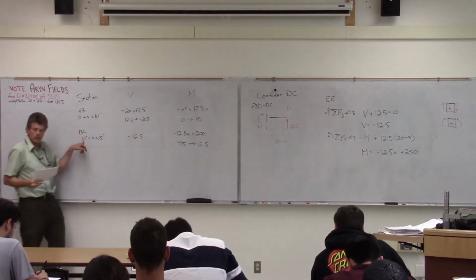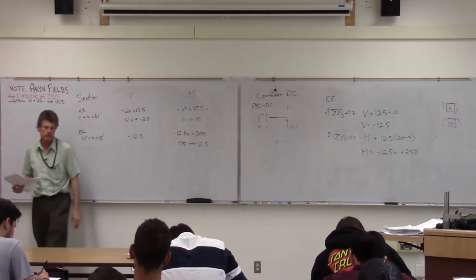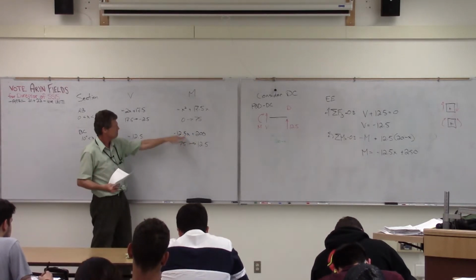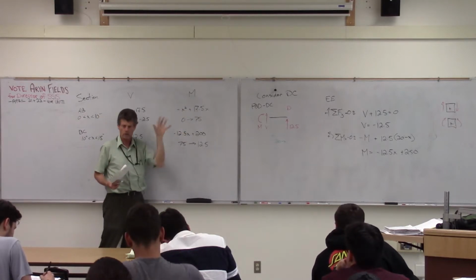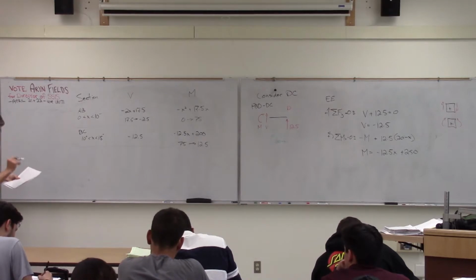Endpoints, yeah. So it's at 10 and then at 15. So it goes from 75 to 12.5. And when we look at it, let's look up here. That's a good point. It's going to be a linear change, right? When we look at this one, parabolic. So we're going to have to think about how we're going to draw that. And we'll talk about that in just a second.